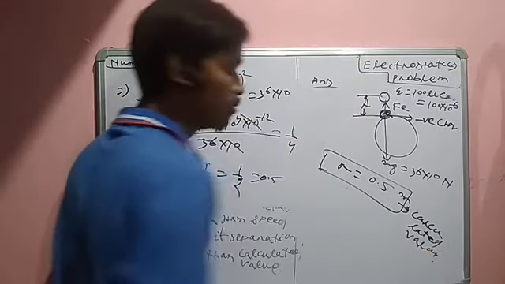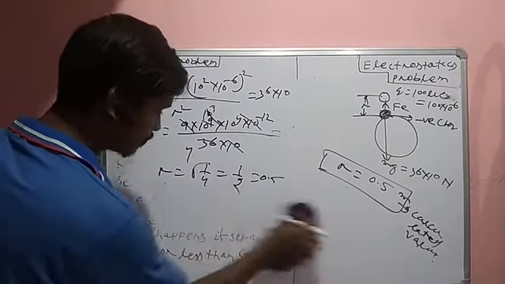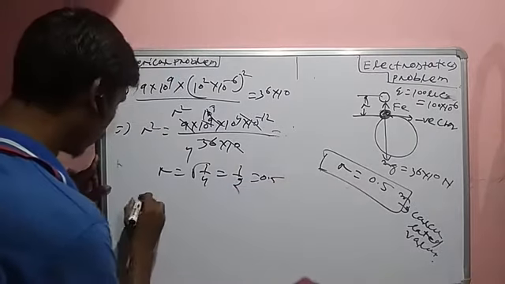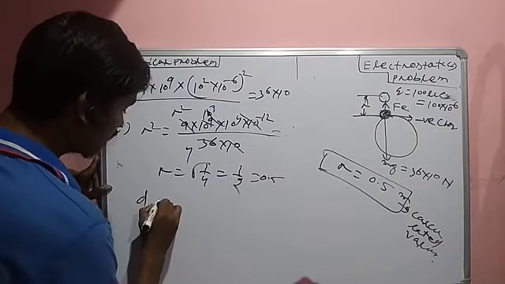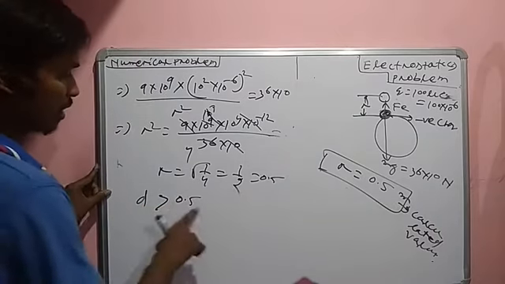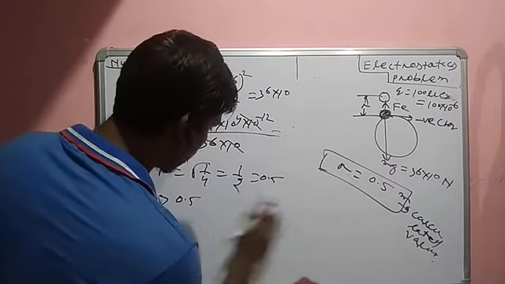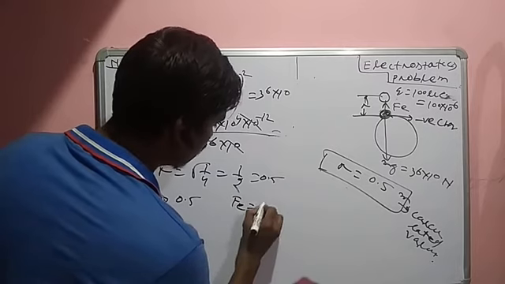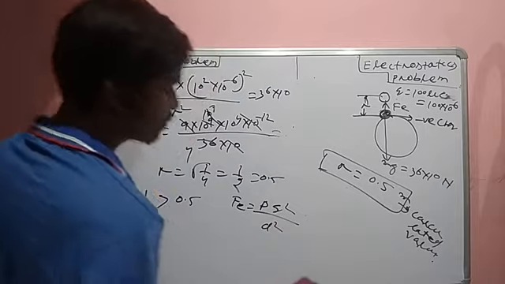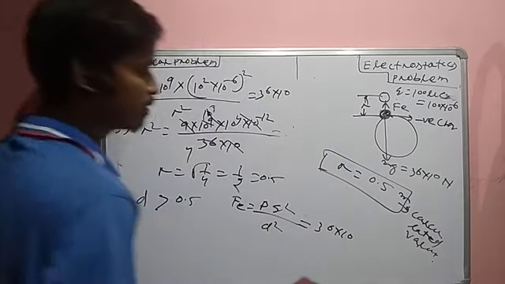Suppose the distance d is less than or greater than 0.5. What is the force? F is equal to k q square by d square. This value is 36 into 10 whenever d is equal to r.